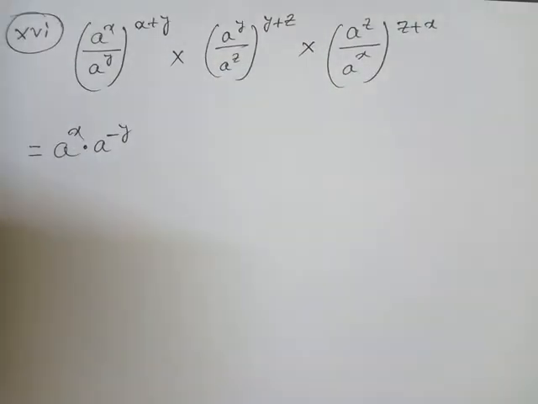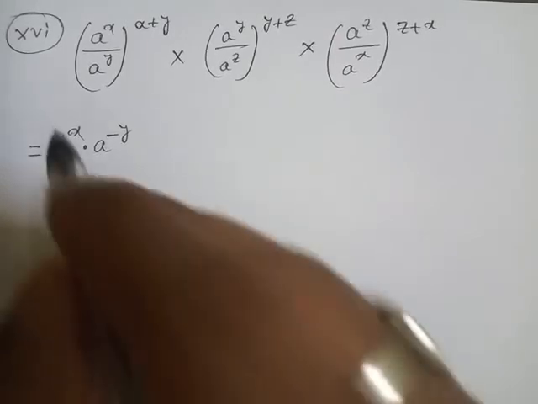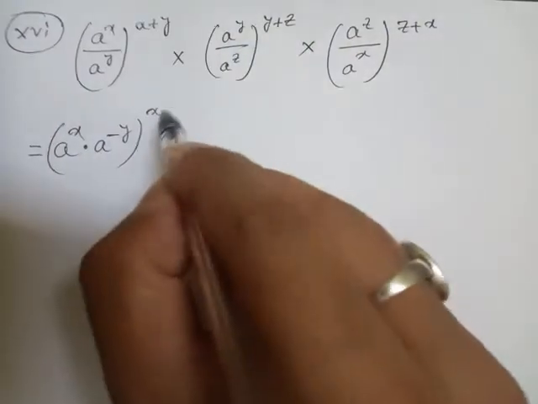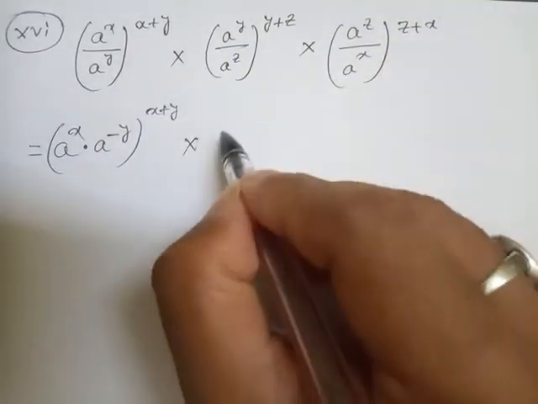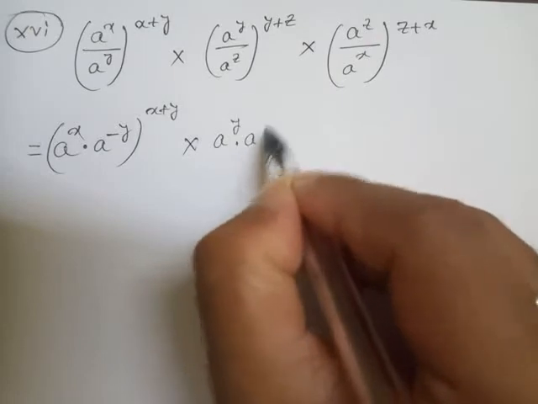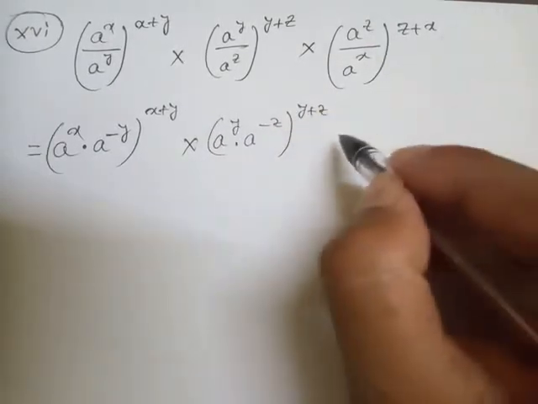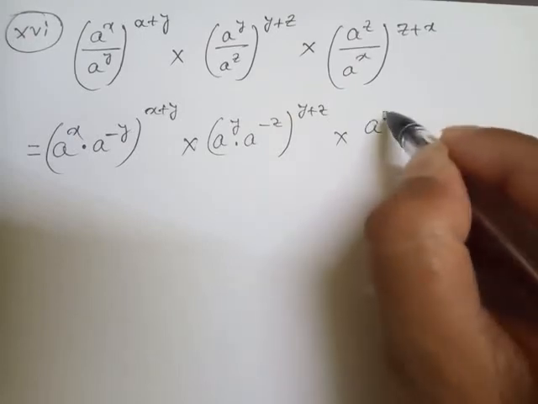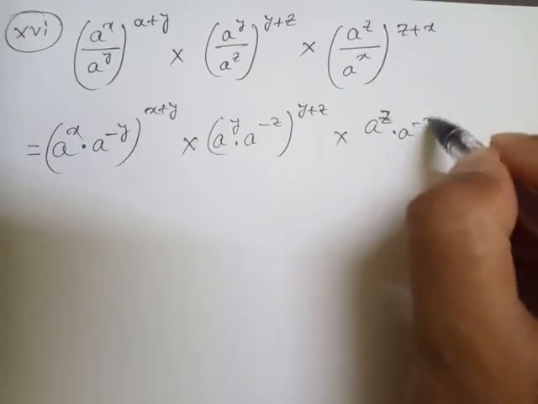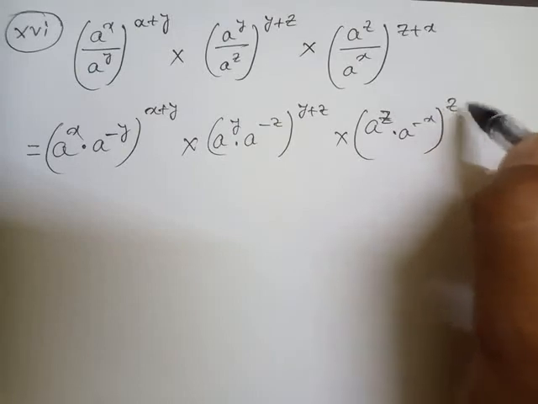So using the formula that a to the power minus n equal to 1 by a to the power n, that formula I am using here, and whole to the power x plus y. Now here also a to the power y and a to the power minus z, and whole to the power y plus z, into a to the power z into a to the power minus x, whole to the power z plus x.